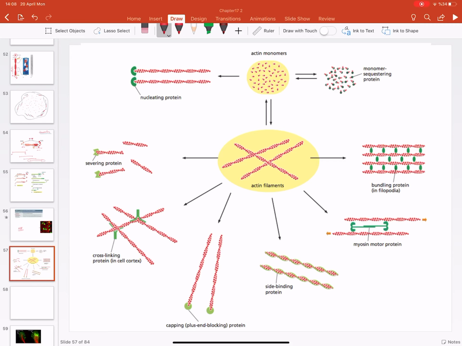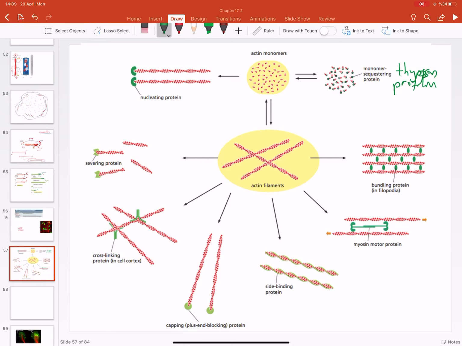For example, this can be thymosin, or profilin. When you have these proteins, the monomers are not used into polymers.